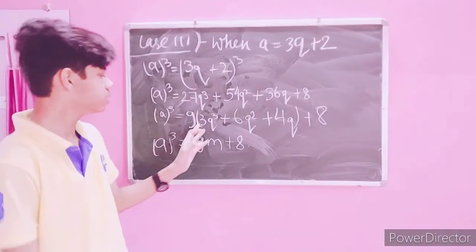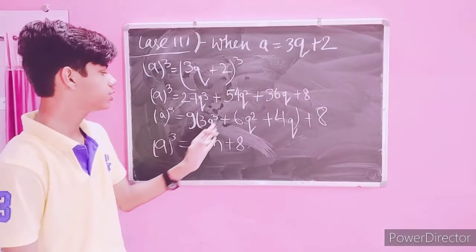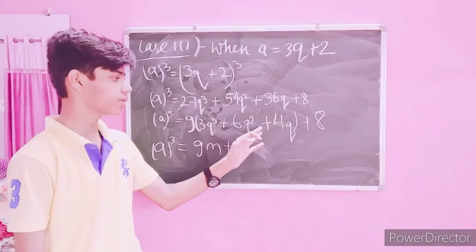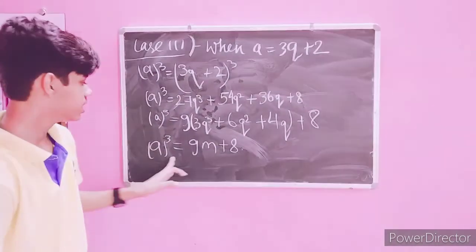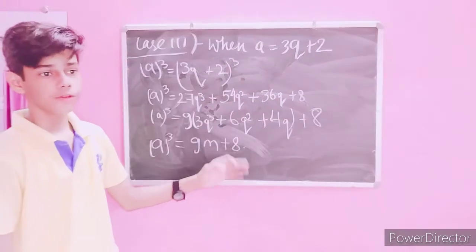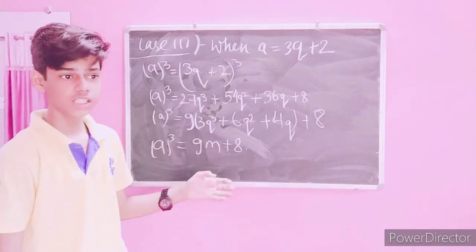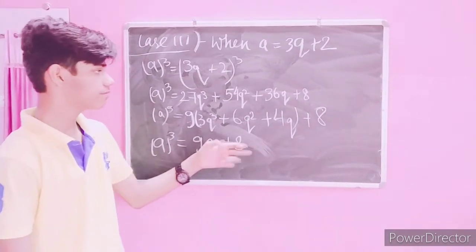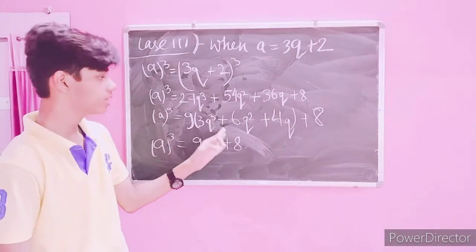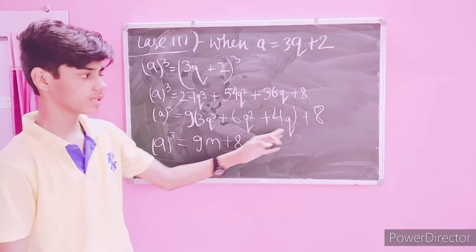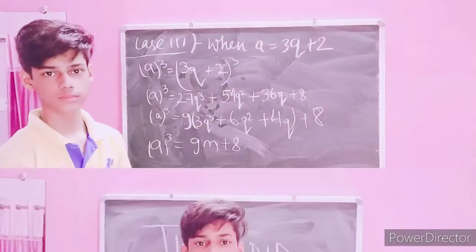Now a cube is equal to 9 into 3q cube plus 6q square plus 4q, plus 8. Here a cube is equal to 9m plus 8, where m is an integer. Okay, so the value of m is 3q cube plus 6q square plus 4q.